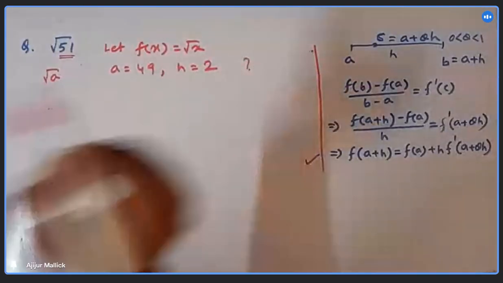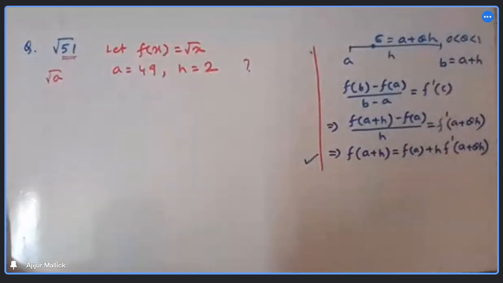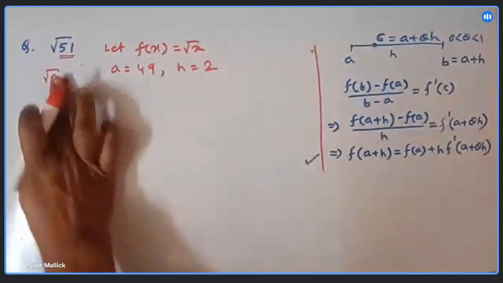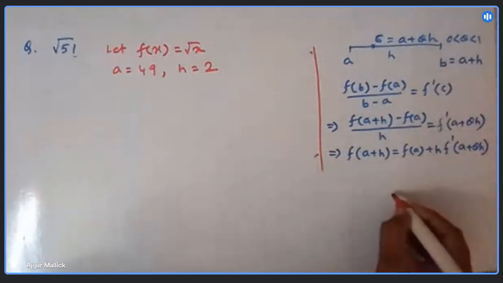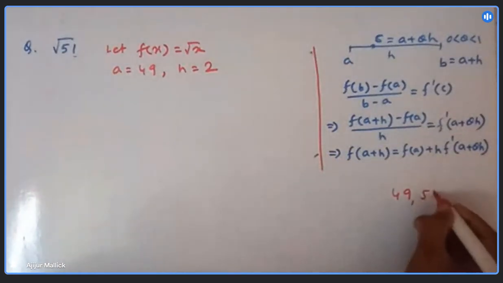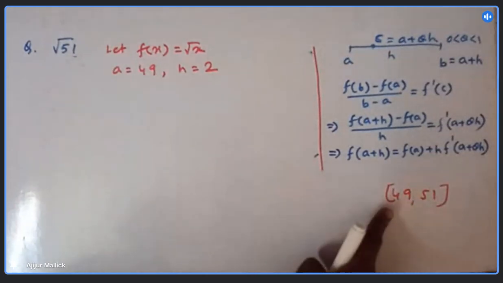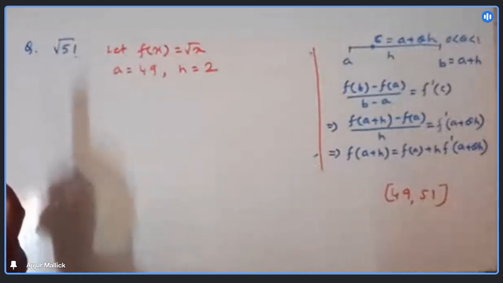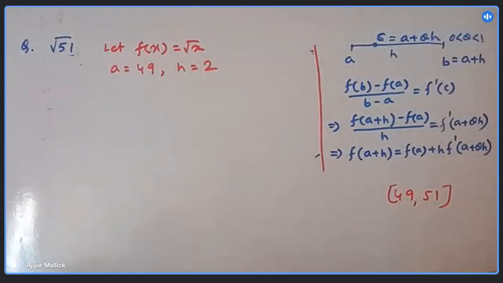Is it clear to all of you? Yes, sir. Very good. So the interval here is 49 to 51. In this interval, first you have to state whether f(x) satisfies all conditions of LMVT or not.